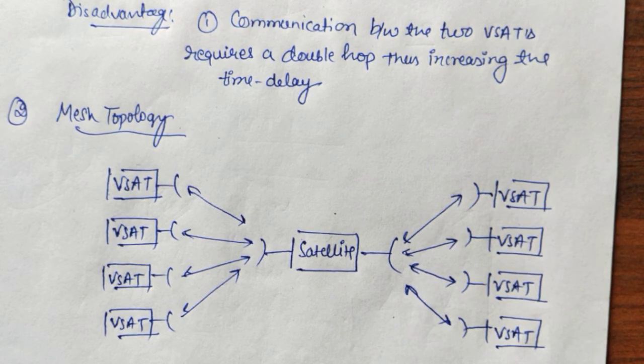The duties of the hub are either handled by one of the Vsats, or the master control station functions are shared among the Vsats. Since the traffic can go to or from any of the Vsats, this architecture is referred to as mesh network.